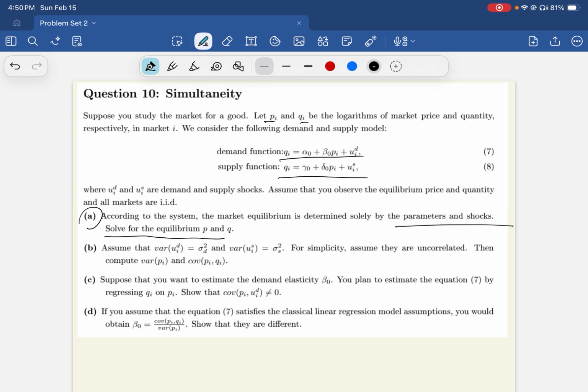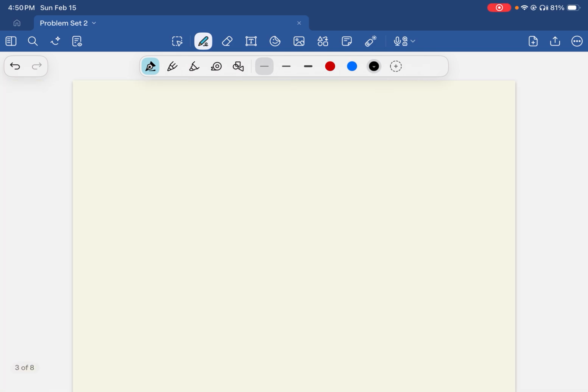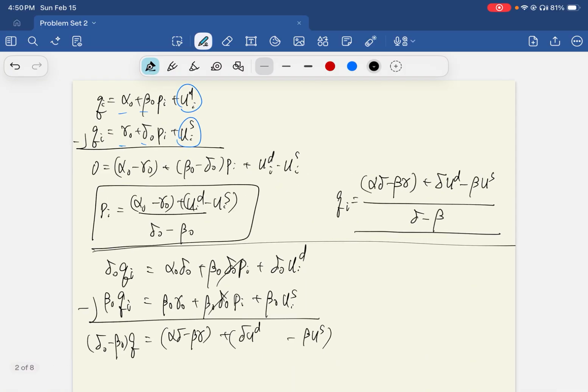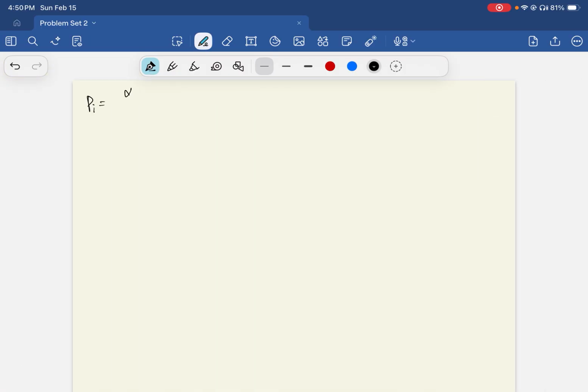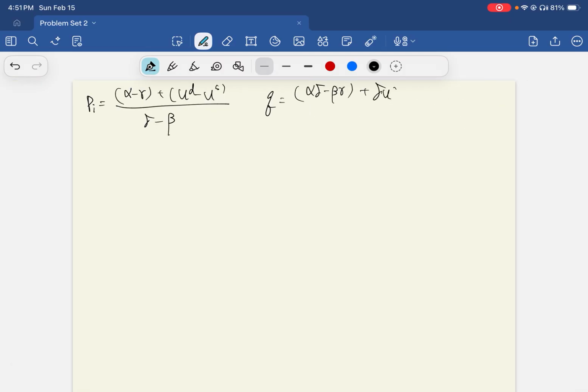Calculate the variance of price and the covariance between P and Q. Let me copy P_i here: alpha minus gamma plus U_D minus U_S, divided by delta minus beta. And Q is alpha delta minus beta gamma plus delta U_D minus beta U_S, divided by delta minus beta.